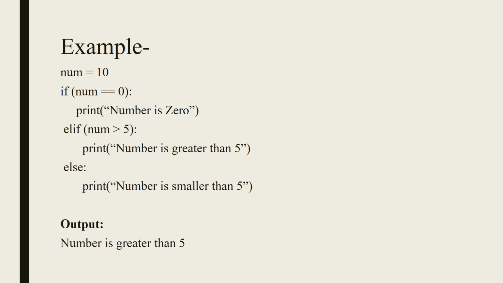Then we are going to the elif statement to check if number is greater than 5. If it is greater, then it will print the output as number is greater than 5. If both of these conditions are false, then it goes to the else statement and it will print the output as number is smaller than 5. So here, since 10 is greater than 5, we get the output as number is greater than 5.